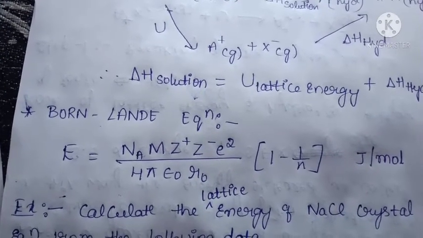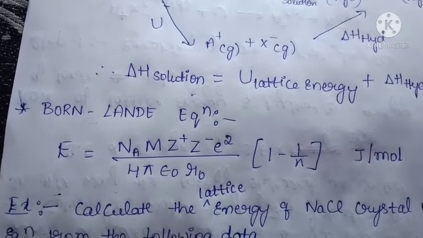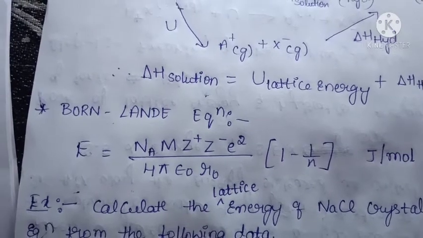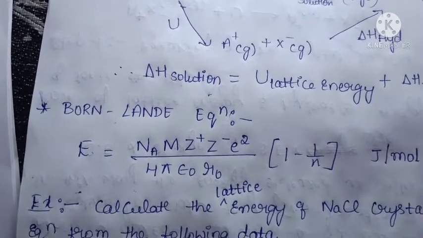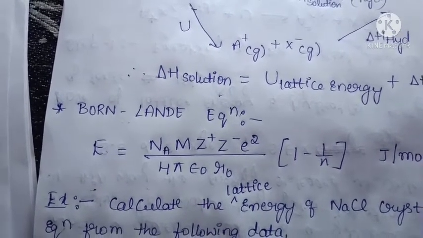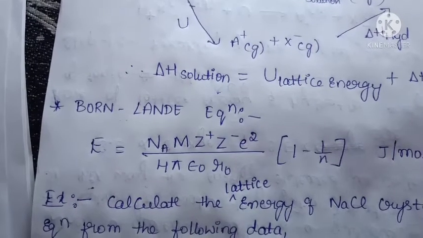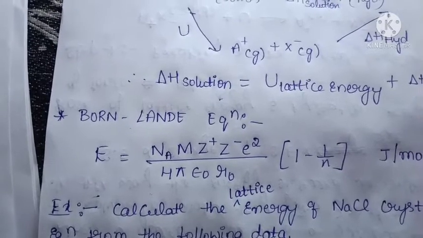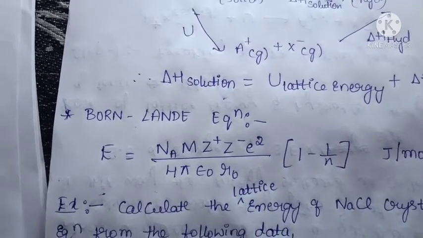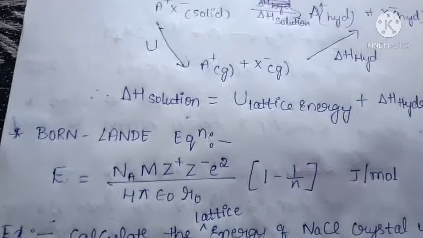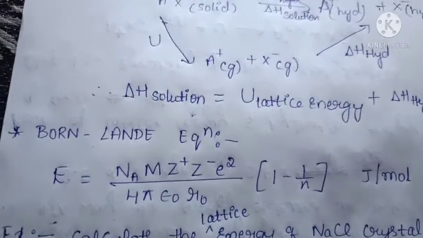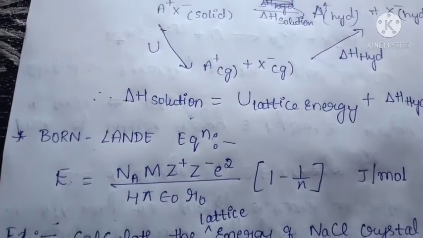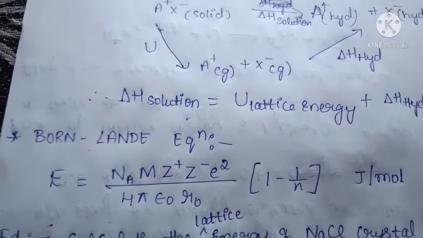Max Born and Lande proposed an equation in 1918 for the calculation of lattice energy. Okay, here there is no derivation, only the equation is given, and by using this equation we can calculate one example.